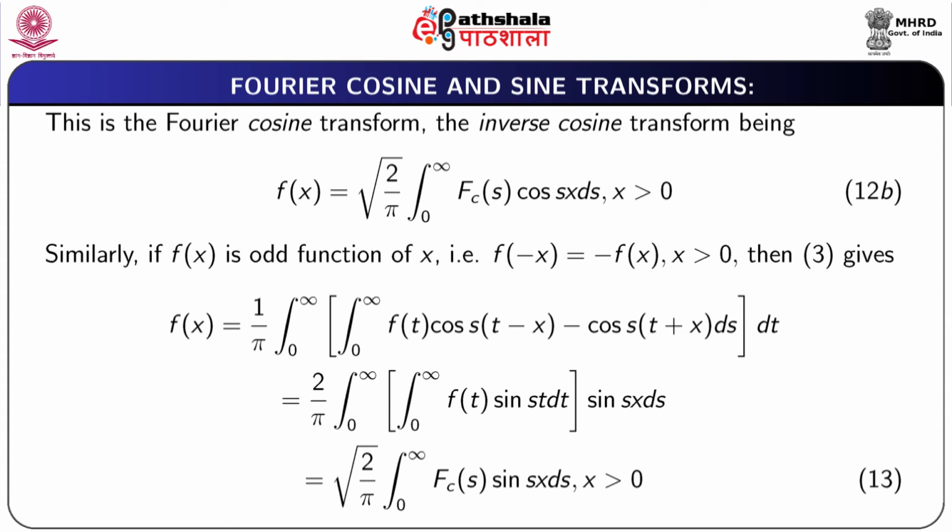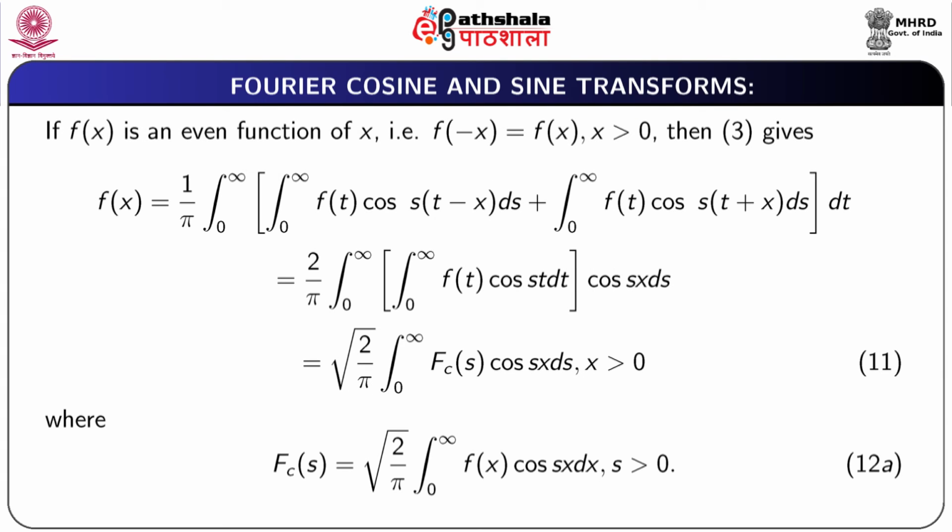And the inverse cosine transform is given by f(x) equal to √(2/π) ∫ from 0 to ∞ F_C(s) cos sx ds for x positive, as given by equation 12b, and this we get from this equation 11.